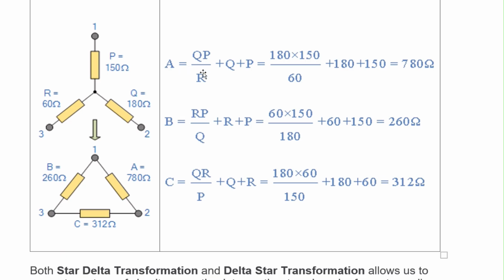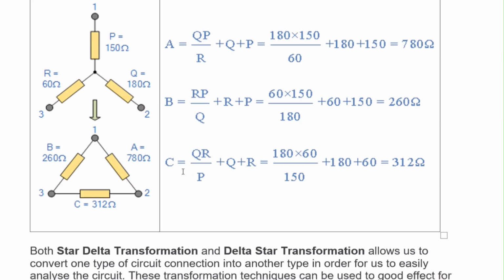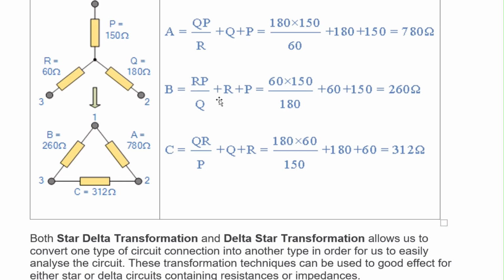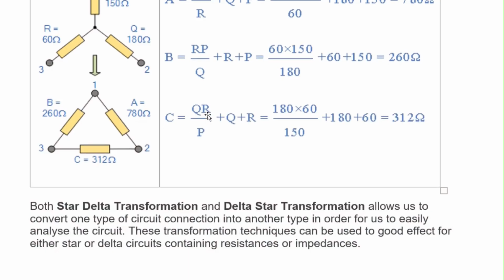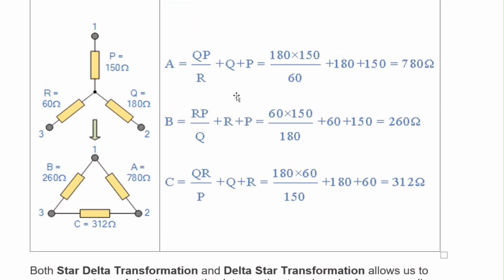A is equal to QP by R plus Q plus P. So add Q plus P and then add QP by R to that, and you will get the value of A. Similarly for B, RP by Q plus R plus P, and this will give you the value of B. C equal to QR by P plus Q plus R, and calculate the values. After substituting the values, you will get their respective values.